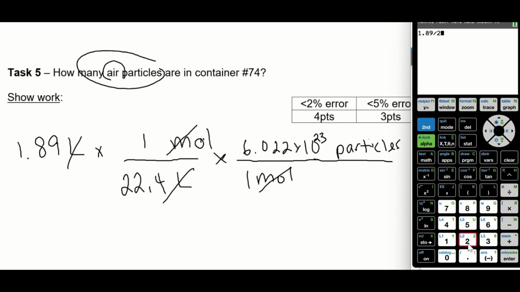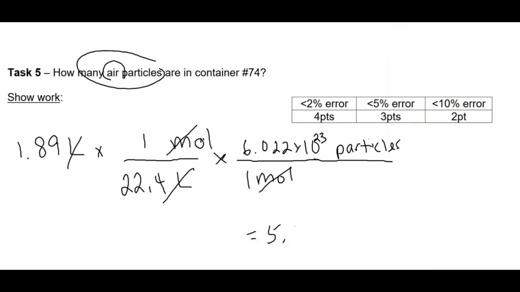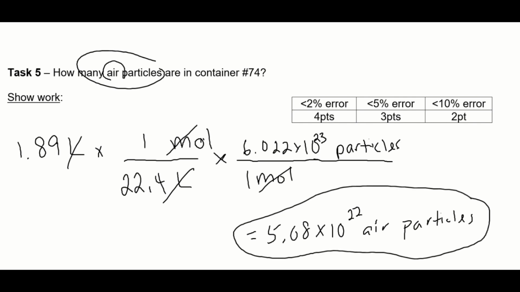So 1.89 divided by 22.4 times 6.022 times 10 to the 23rd. So there's 5.08 times 10 to the 22 particles of air in that bottle.